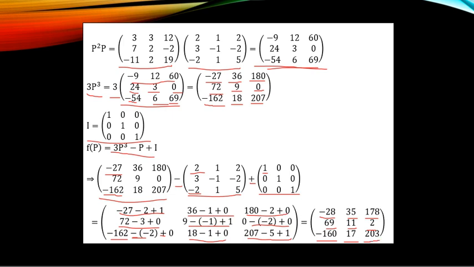So this is how we find the polynomial of a matrix. It involves multiplication. After that, you can also do scalar multiplication. Then you either add or subtract, depending on the signs that join the various parts together.